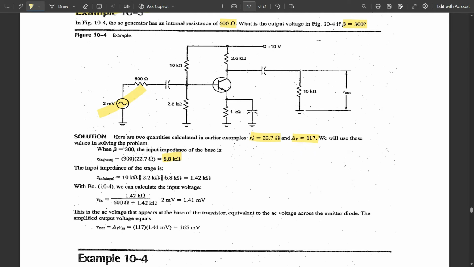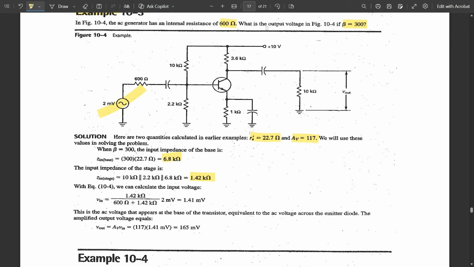So 10 kilo ohm R1, 2.2 kilo ohm R2, and 6.8 kilo ohm beta Re dash. Do the parallel connection, simplify it, and we get the Z in stage value as 1.42 kilo ohm.